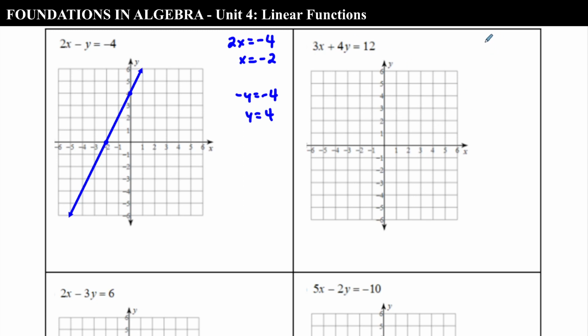For this one, we're going to set 3x equal to 12. Divide each side by 3, and you get x equals 4. You also have 4y equals 12. Divide each side by 4, and you get y equals 3. So you have an x-intercept of 4, a y-intercept of 3, and you plot your line through those points.